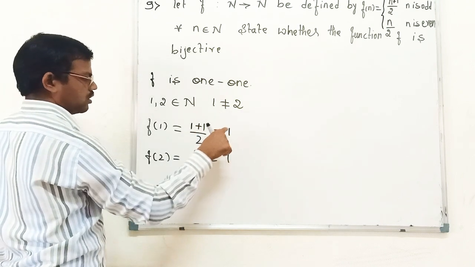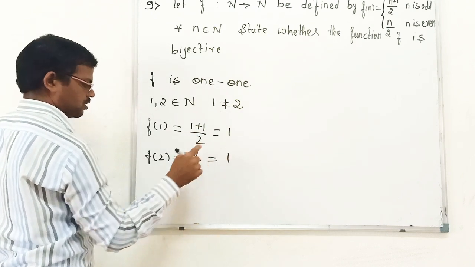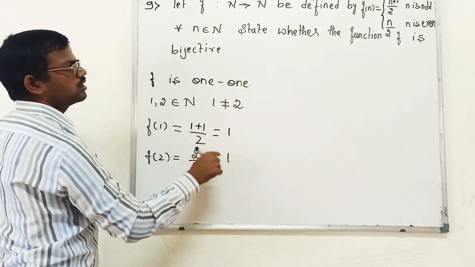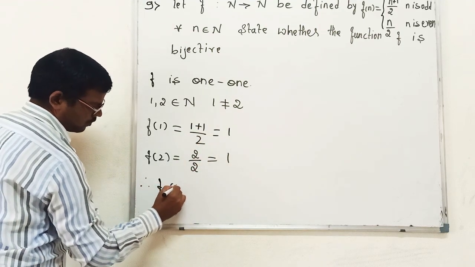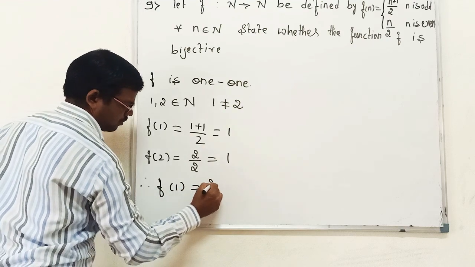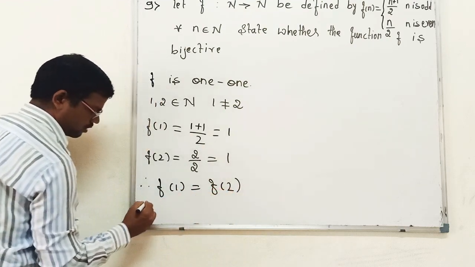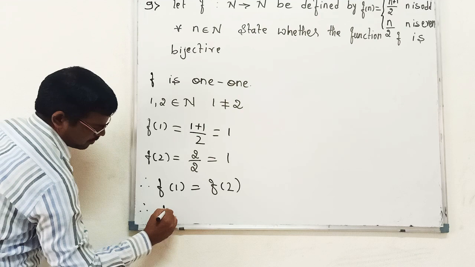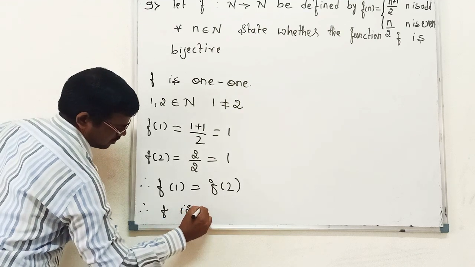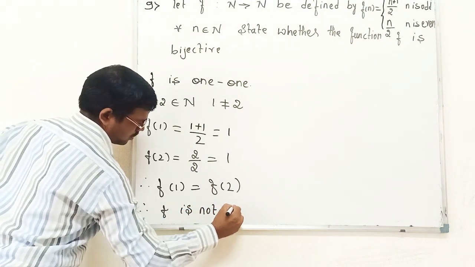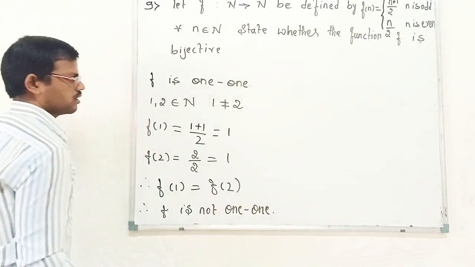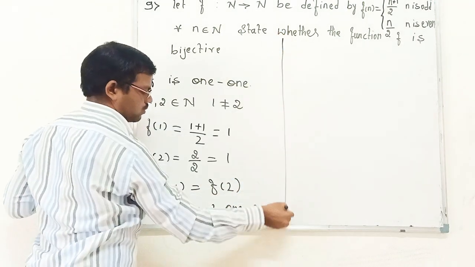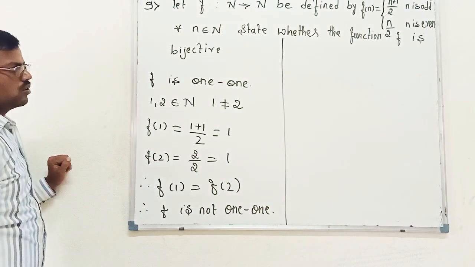Different elements got the same image. Therefore f(1) is equal to f(2), and therefore f is not one-one.